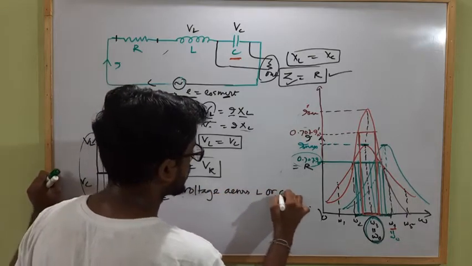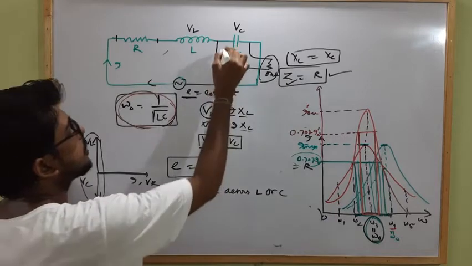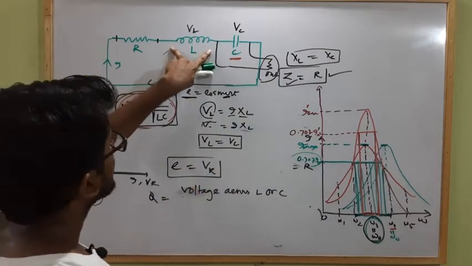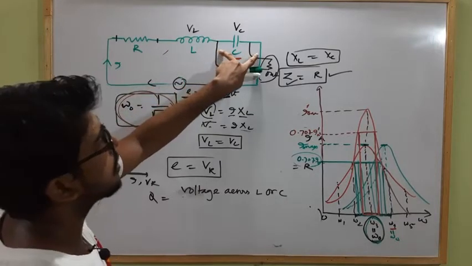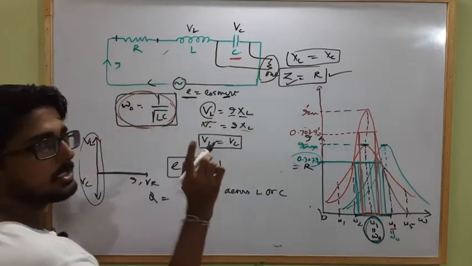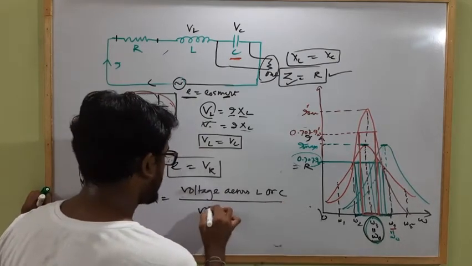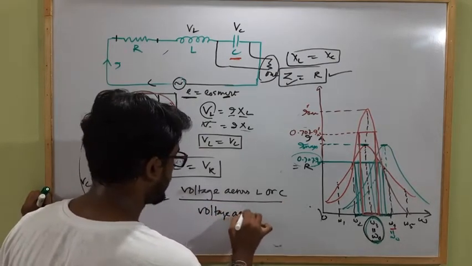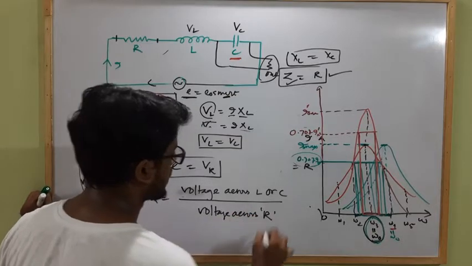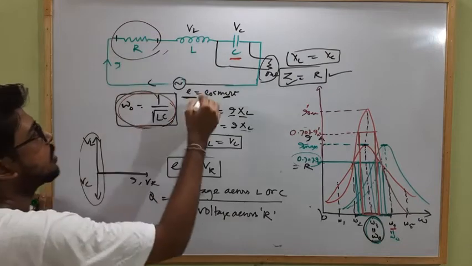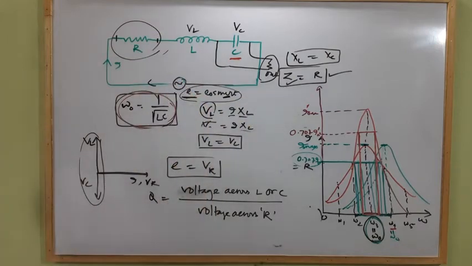So the quality factor will be defined as the potential or voltage across L or C, because in this particular case when the circuit is in resonance, the potential difference across the inductor or across the capacitor will both be the same, because VL equals VC. So the voltage across L or C divided by the voltage across the resistance, because we already know that in resonance the voltage across the resistance is equal to the input voltage. Clear?